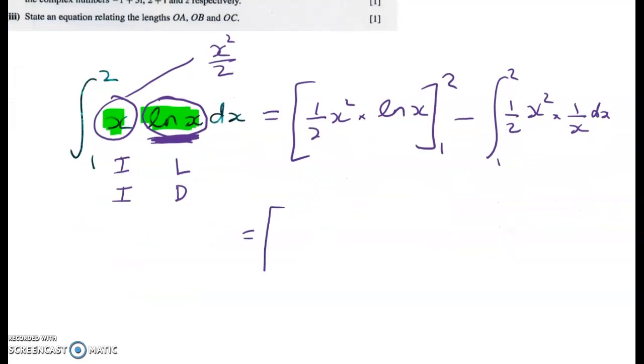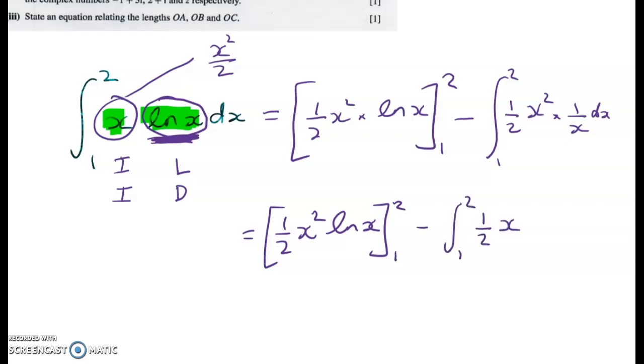So that gives me, I'm just going to leave this here for now, minus the integral of 1/2 x dx. So the whole thing comes out to be this.